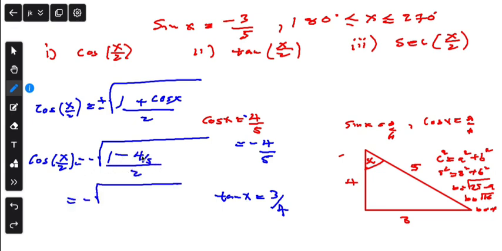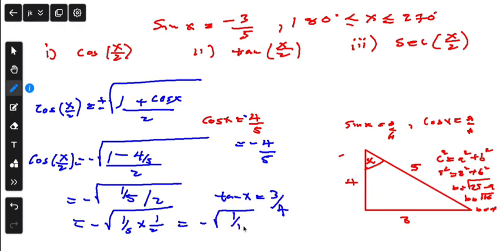And 5 minus 4, that is 1. So we are going to have 1 divided by 5, then divided by 2. So we're going to have 1 over 5 multiplied by 1 over 2. This is the same as the negative root of 1 divided by 10. We know that the root of 1 is 1.